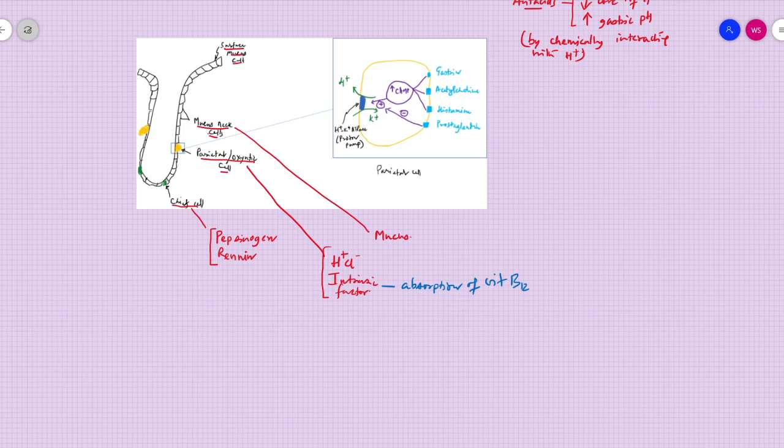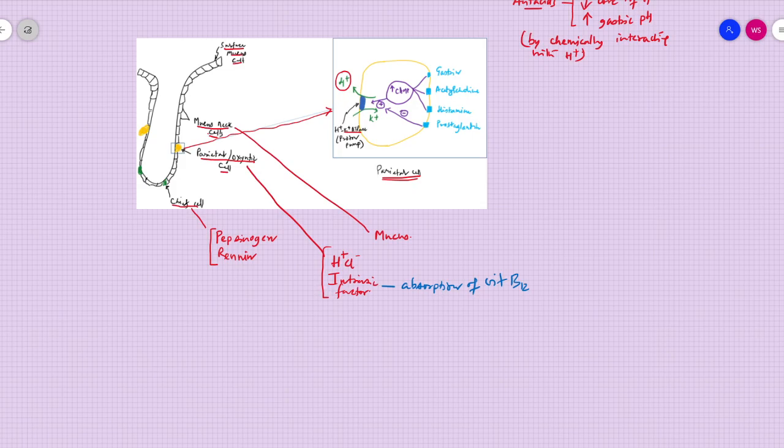Let's take a section, a parietal cell, and blow it up here. This is what it looks like. This cell transports hydrogen ion out and takes in potassium ion by a pump called hydrogen potassium ATPase.